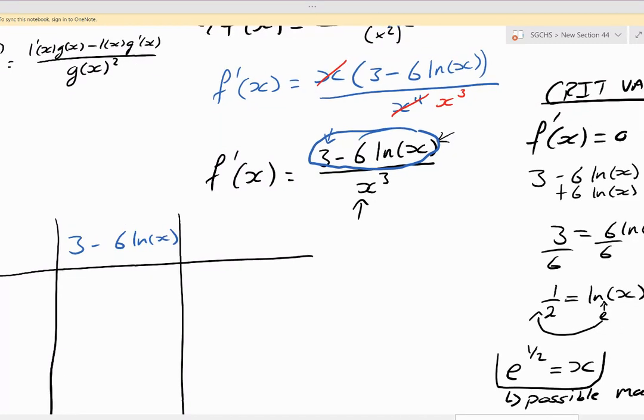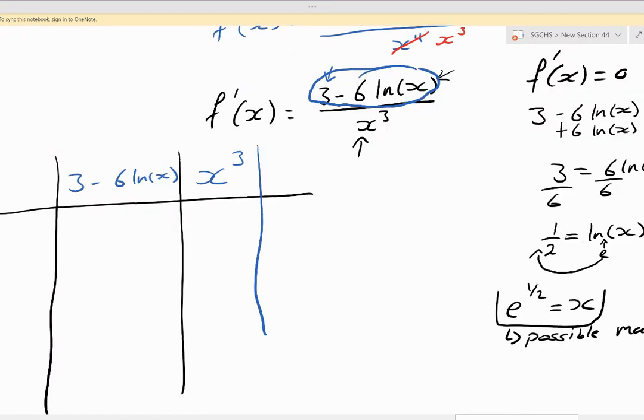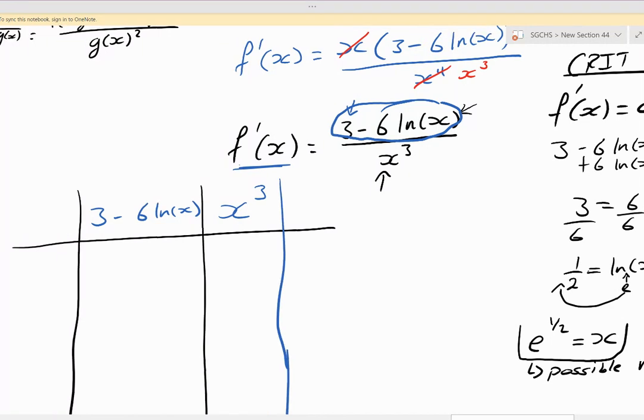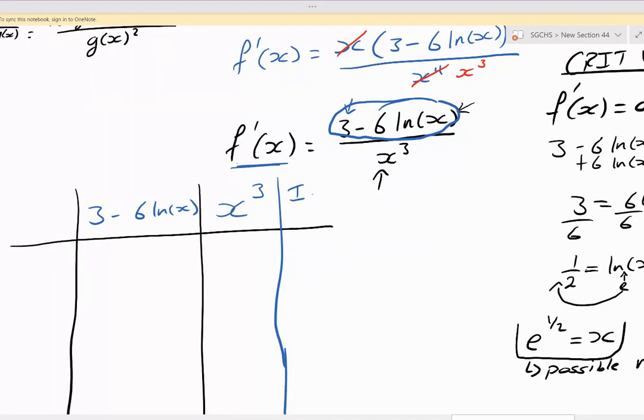It's everything that's multiplying and dividing each other that's not separated by a positive or a negative. So 3 minus 6 ln x has to be included as one term. And then x cubed here is also affecting the sign of our derivative function.